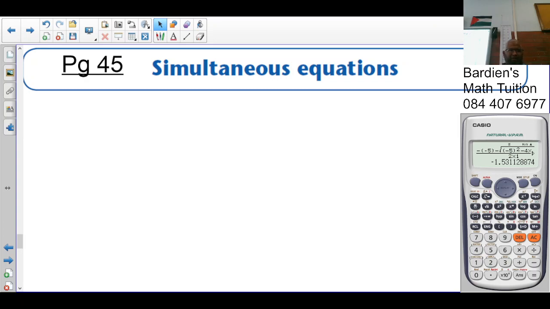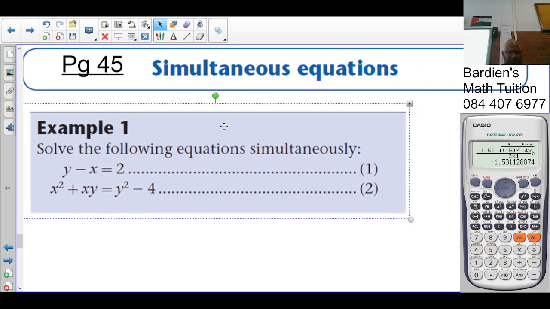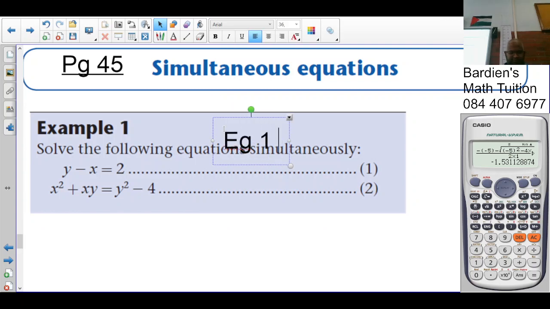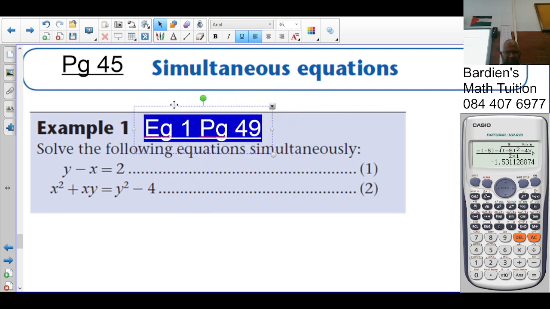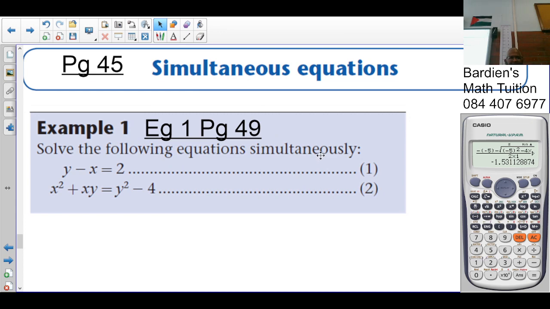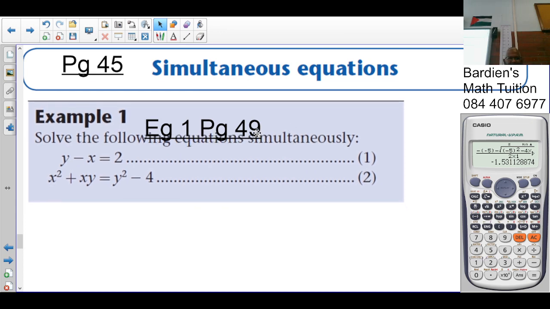We're looking at example 1 on simultaneous equations, and this is on page 49. So write that down, Salam.